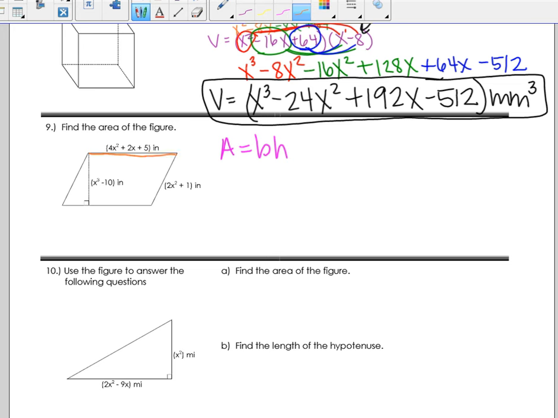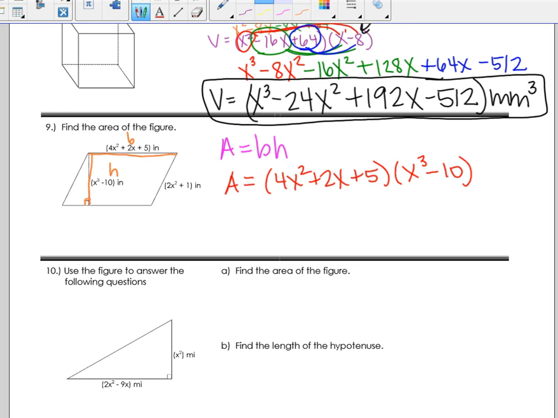The height is similar to a triangle. It's whatever makes that right angle with the ground. So this is going to be my base, and this is going to be my height. So my area is going to be 4x squared plus 2x plus 5. And then my height is x to the third minus 10.